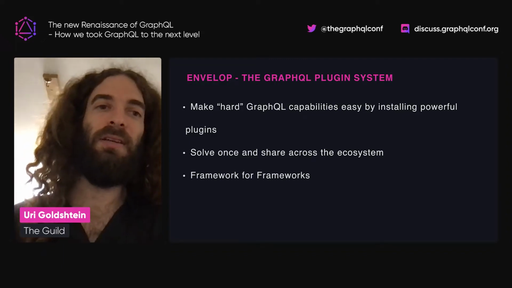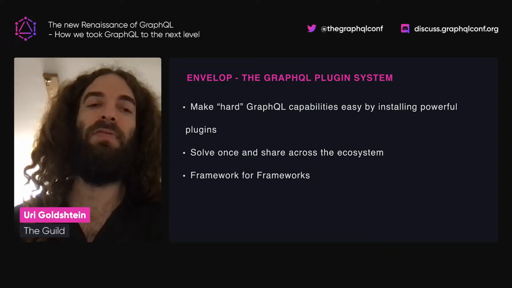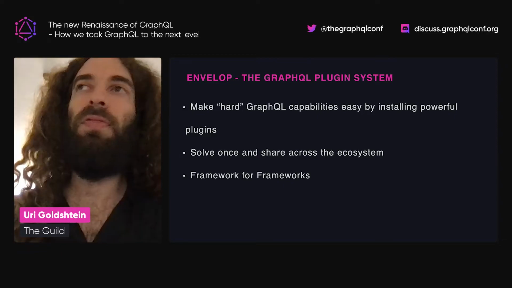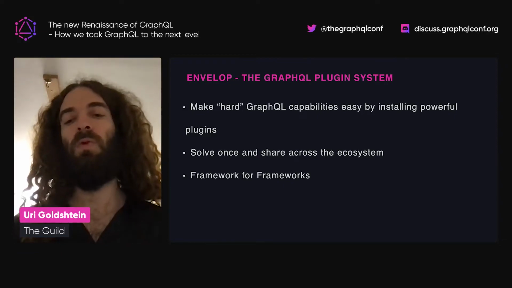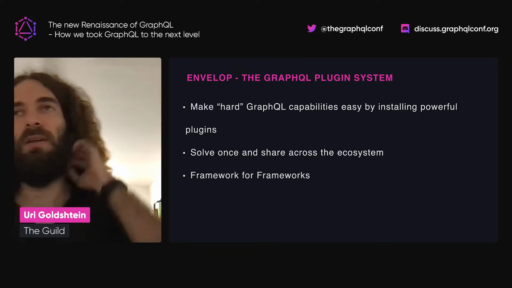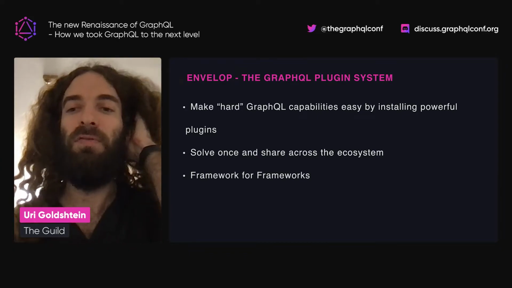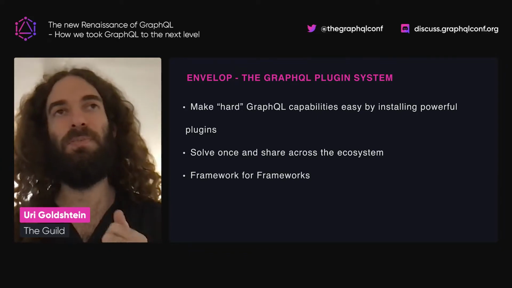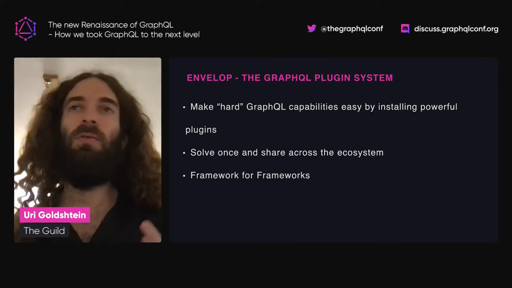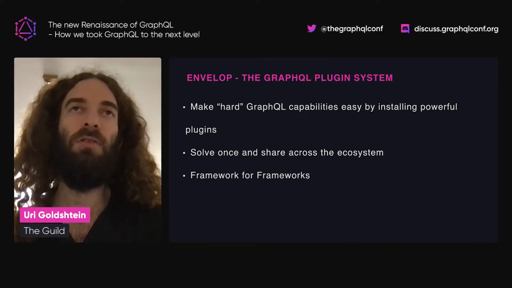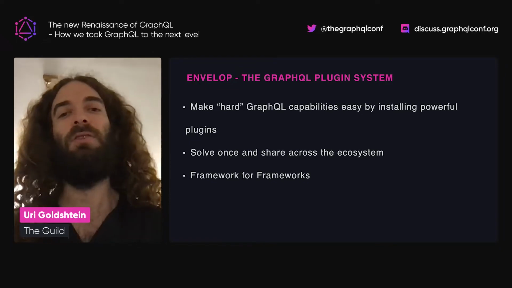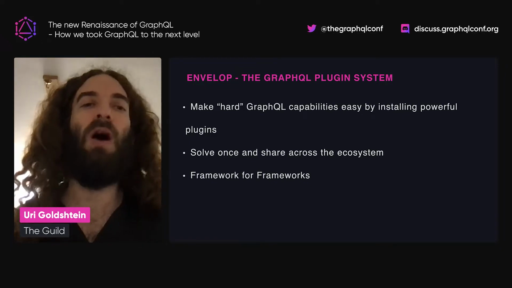Another thing is that we see Envelope as a framework of frameworks. We think that this is actually a new way of, on top of this, we can make choices and create new frameworks that are built on top of these powerful systems. And no matter what your choices are and what framework you use, you can reuse these plugins that will be the main power of the ecosystem.